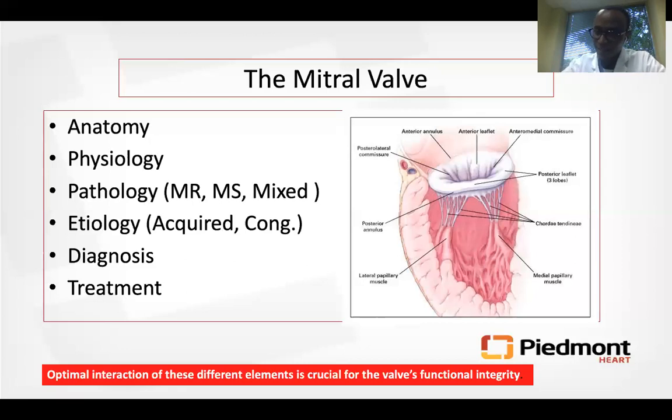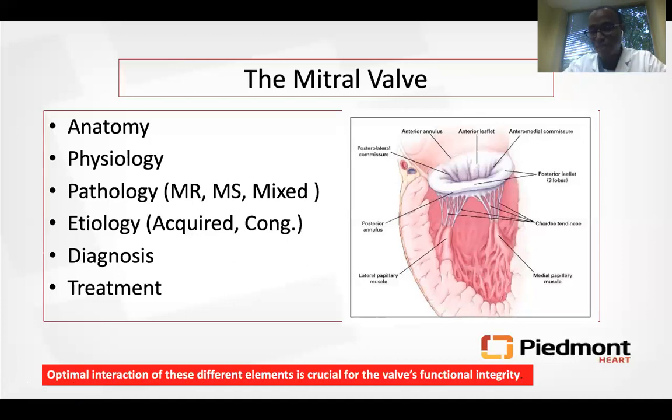At the tip of the leaflet, as you can see, there are string-like structures connecting the tip of the leaflet to the papillary muscle. They're called chordae tendineae, and the chordal insertion site is the papillary muscle, which is where the mitral valve apparatus is.